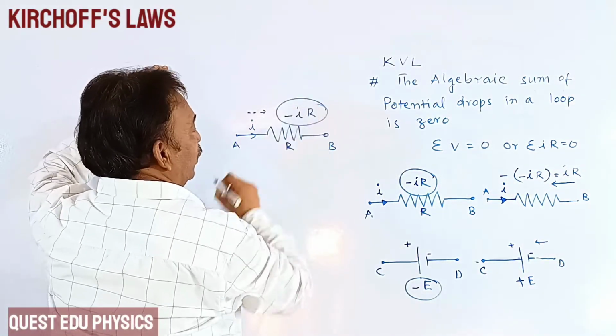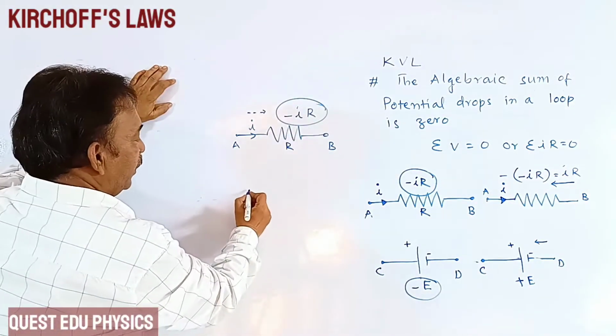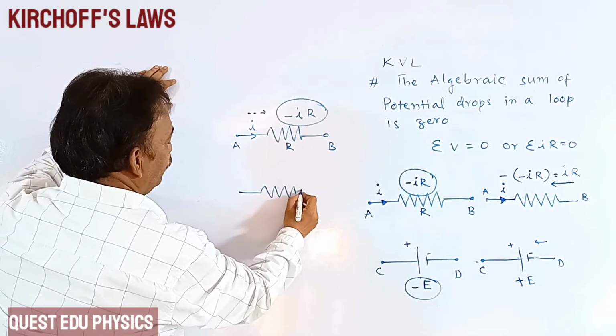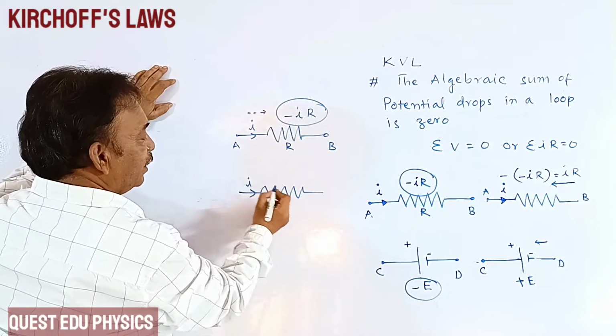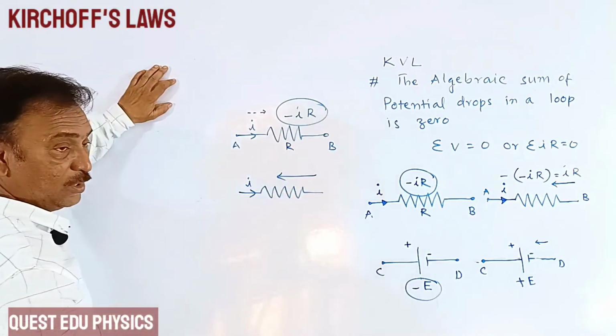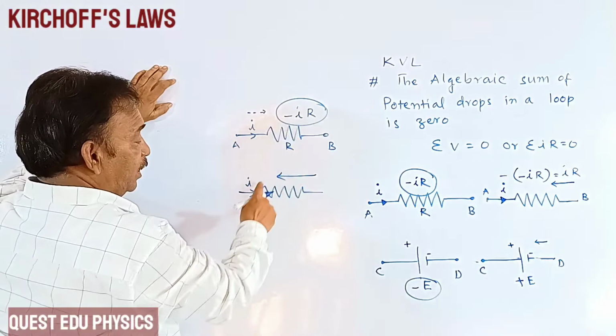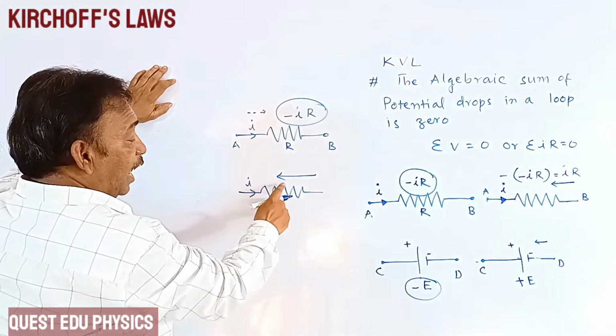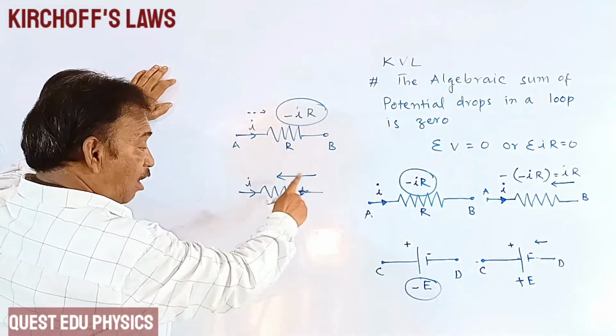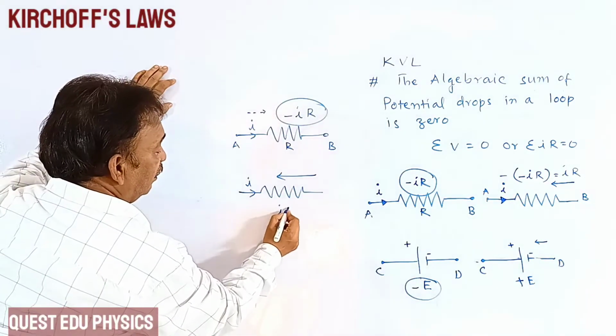The same thing I explained there. This time, current is flowing in the same direction, but you are traveling in the opposite direction. Then the potential drop is minus IR of minus, that is plus IR.